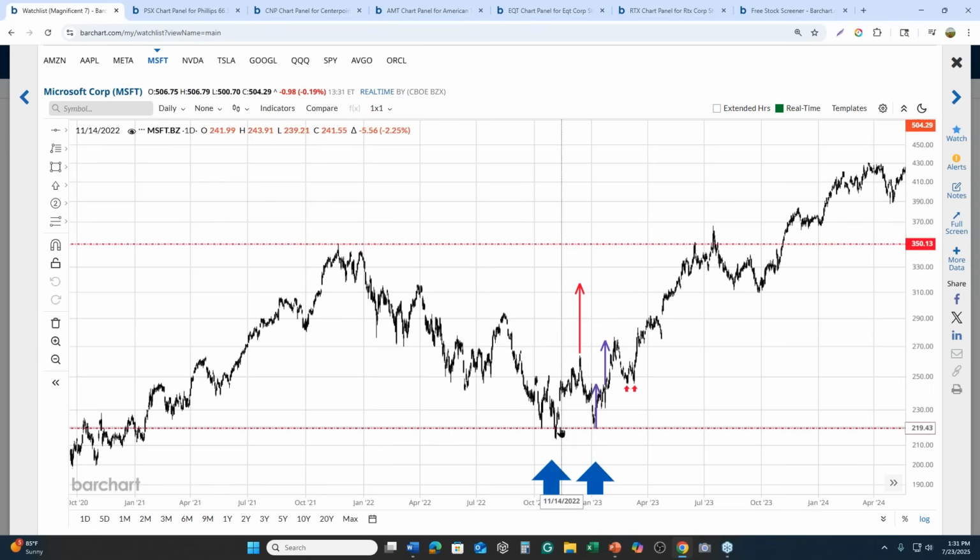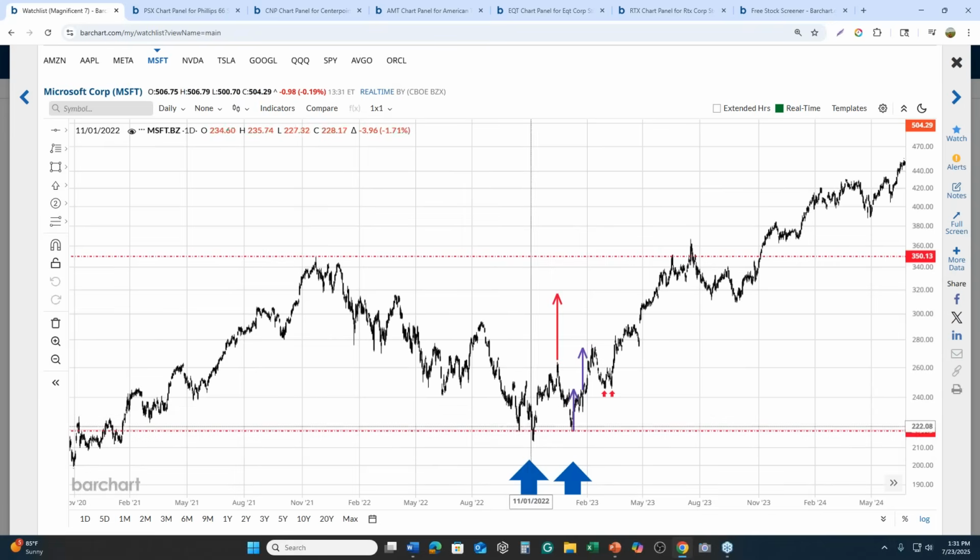And what we see here is a nice double bottom where the second bottom is slightly above the first bottom. There's our peak between our two bottoms. That's going to be our confirmation line.